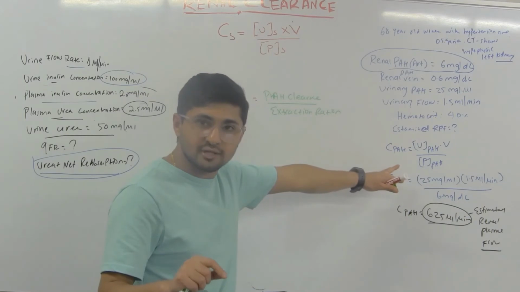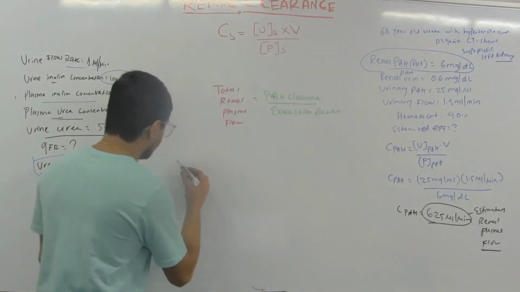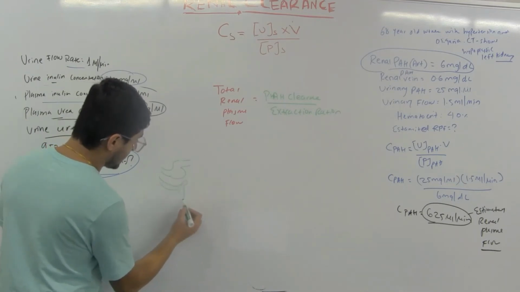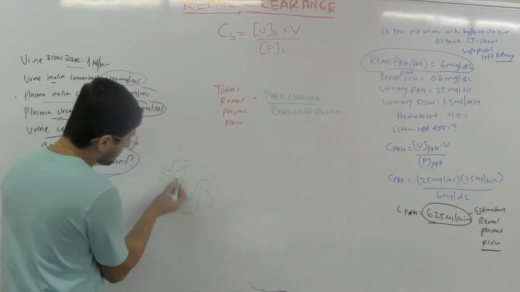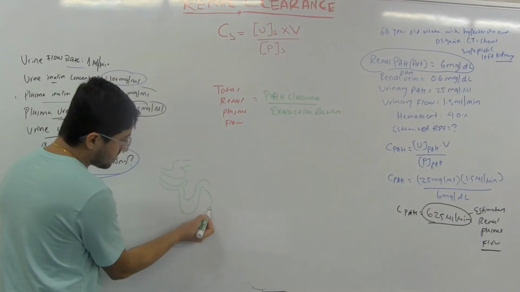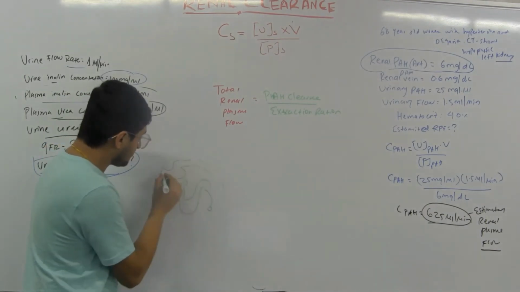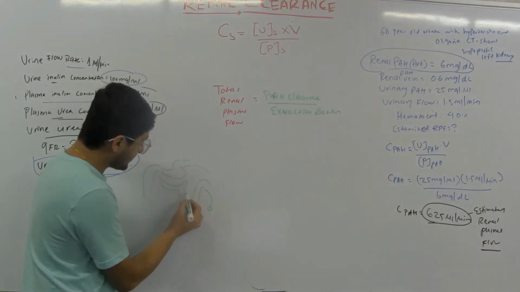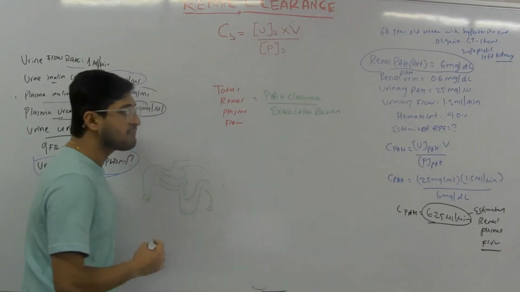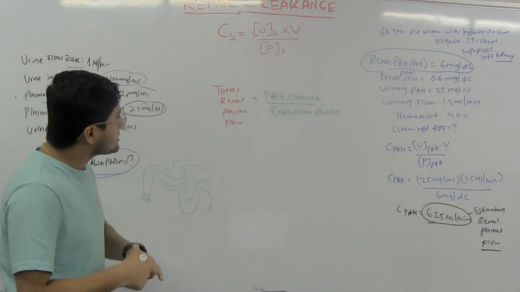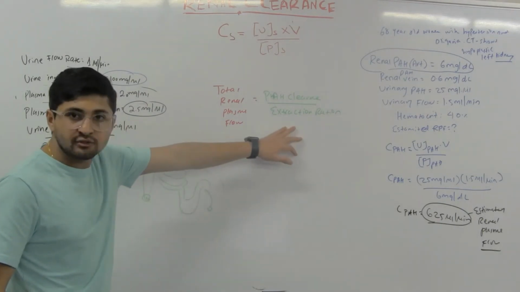Remember, this is a Bowman capsule, right? Whatever got excreted down here. So if 90% gets excreted out, then 10% you do get to see in the renal vein. So there is the extraction ratio we can find out.